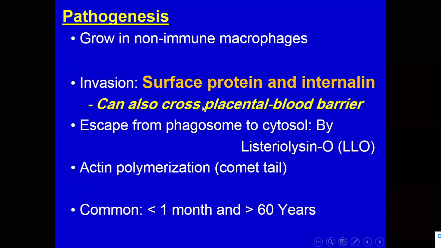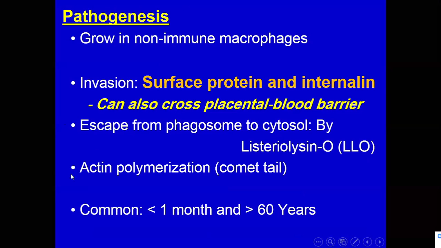They can escape from the phagosomes in the phagocytic cells and go to the cytoplasm by the capability of listeriolysin O, which can break down the vacuoles around the microorganism.